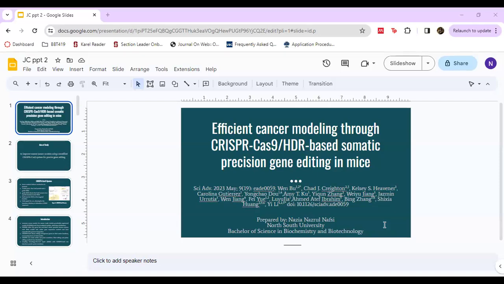There are also other model organisms, like the fruit fly, or Caenorhabditis elegans. I forgot the actual name of that, but yes, other model organisms are also used.